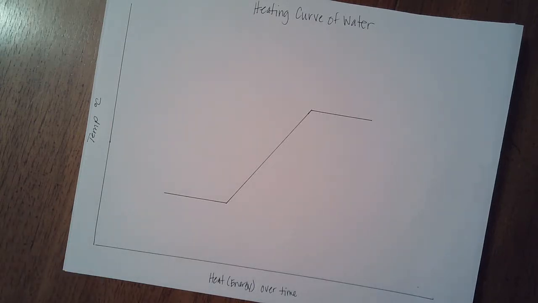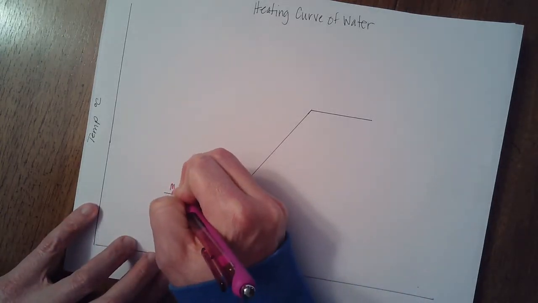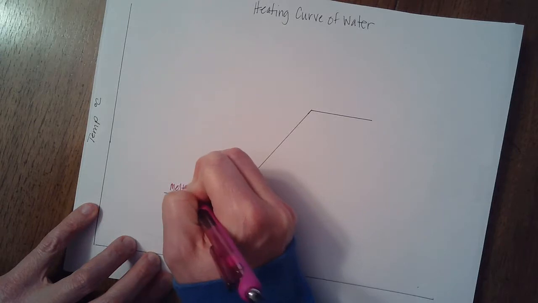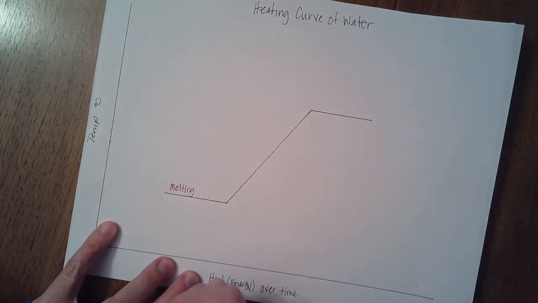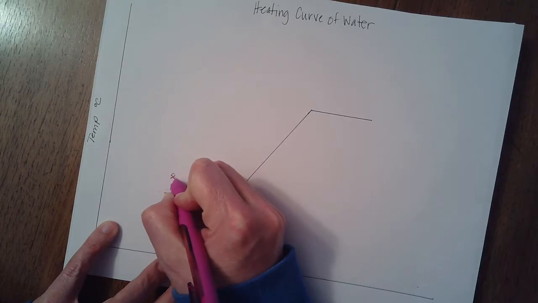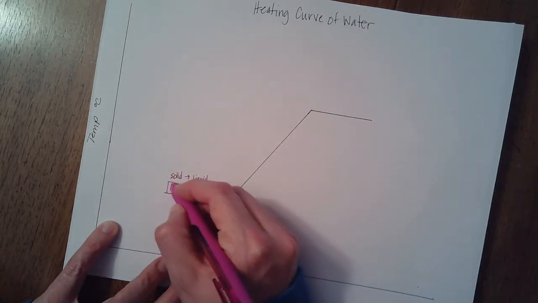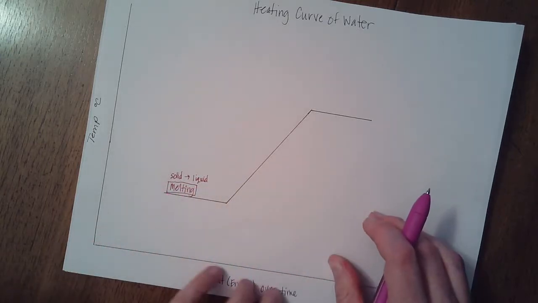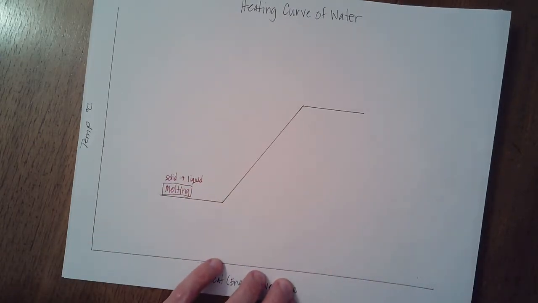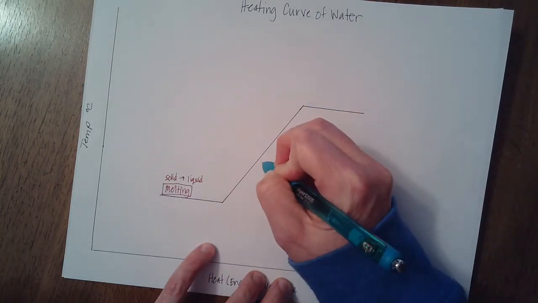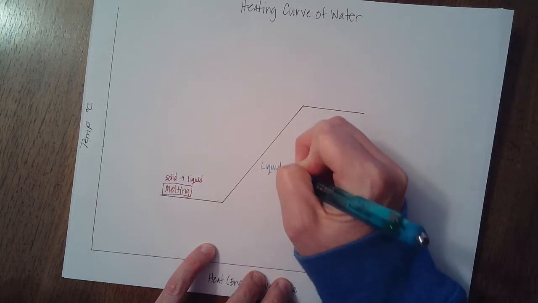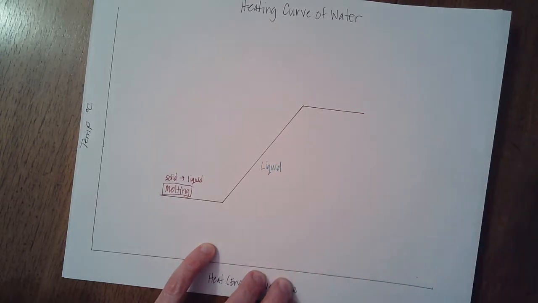And so we said that this is melting. And melting, we said in class, is a solid to a liquid. So this is melting. And we have liquid right here. So that's the liquid phase.